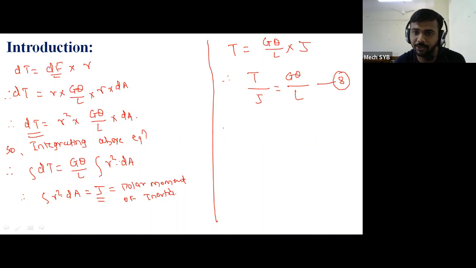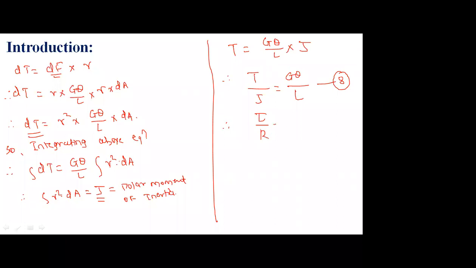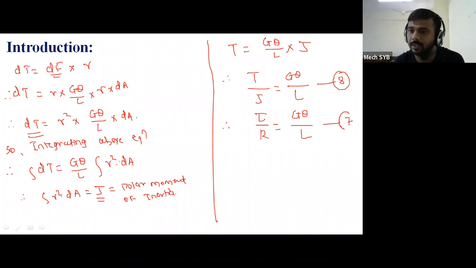And what is our equation number 6? Tau upon R is equal to G theta by L. This is the equation number 7. Now if you compare the left hand side and the right hand side, the right hand sides are the same.